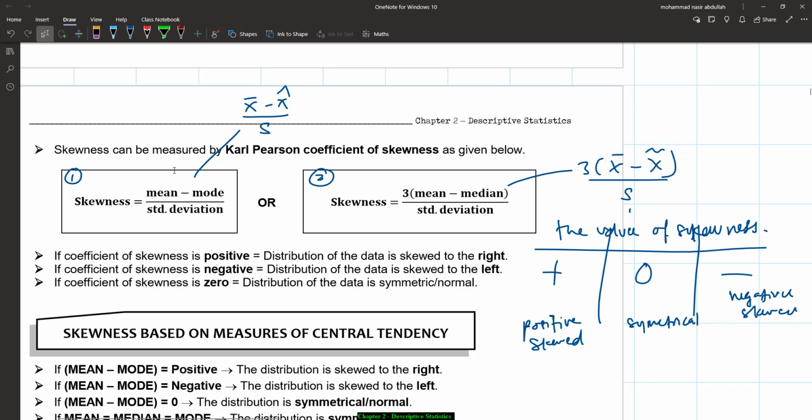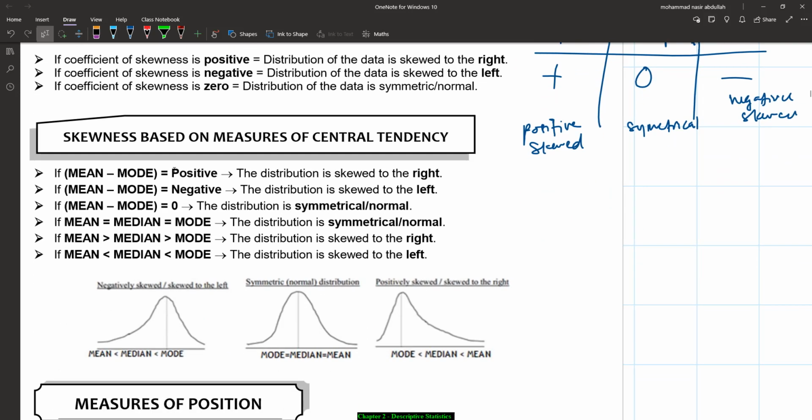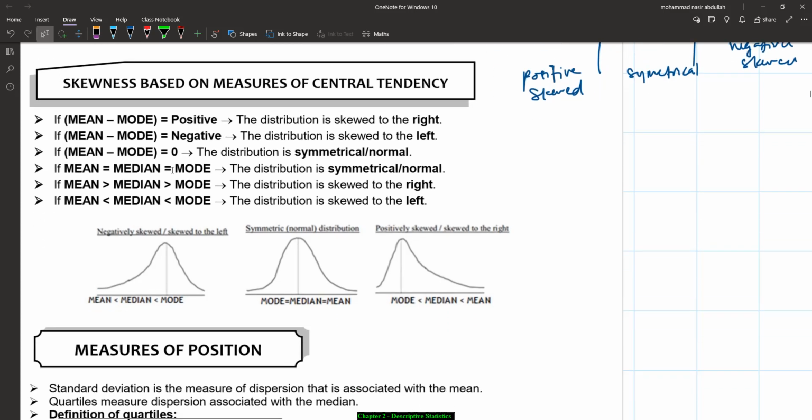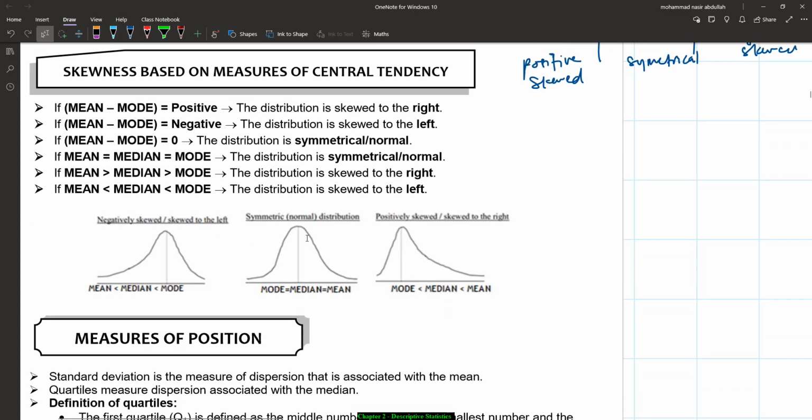There are two formulas that can be used. And the third method is based on the measures of central tendency themselves. Based on the measures of central tendency, we can look here. So we know this graph, number 1, number 2, and number 3. This is a negatively skewed graph.